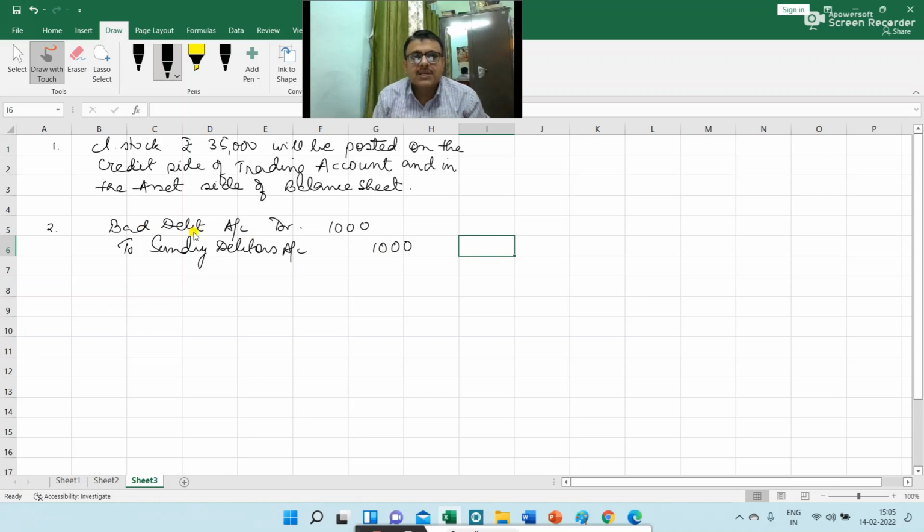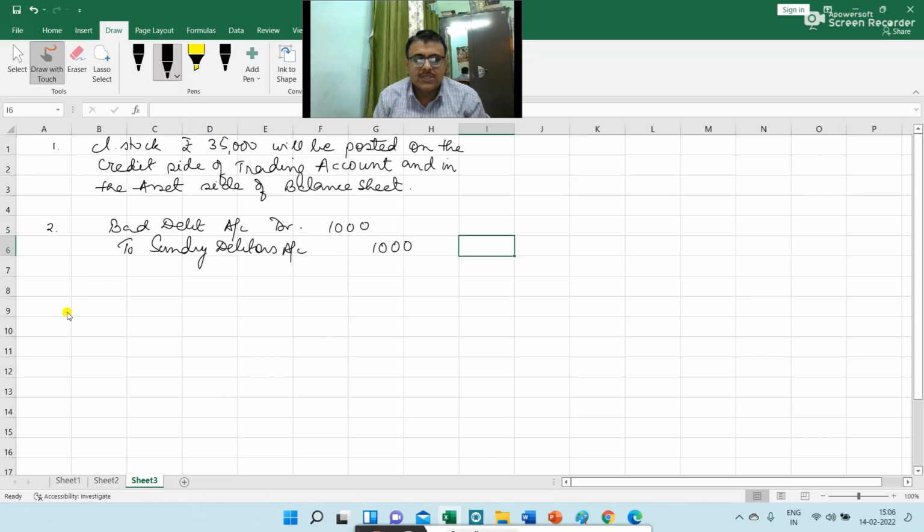Bad debt is a nominal account, so this amount will be transferred to the profit and loss account. In the profit and loss account, we are going to put this bad debt of 1,000 in addition to the 9,000 already given in the trial balance. And this 1,000 we are going to deduct from the balance of sundry debtors.